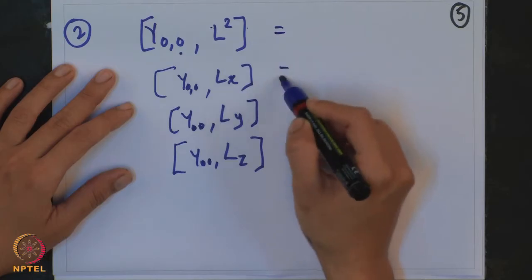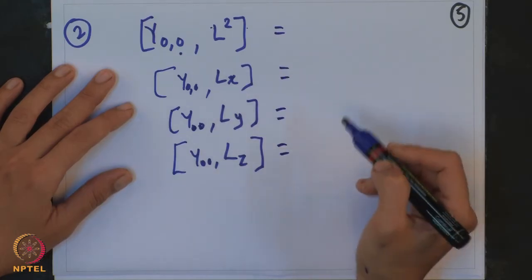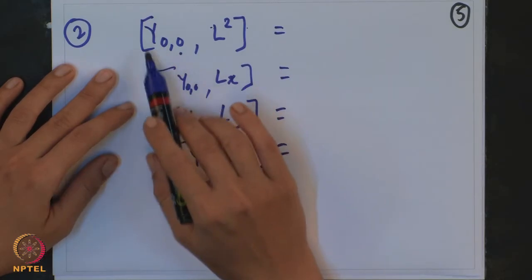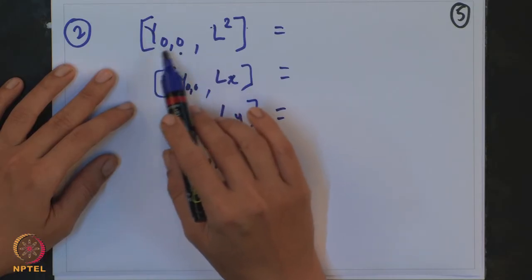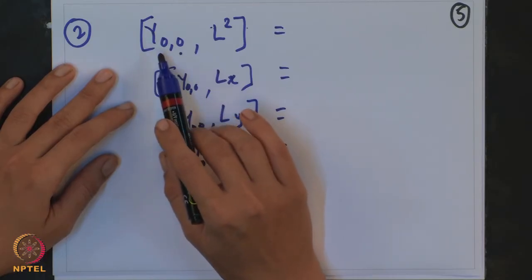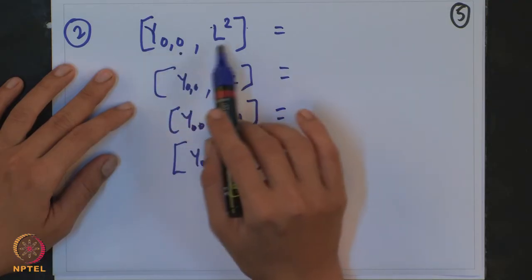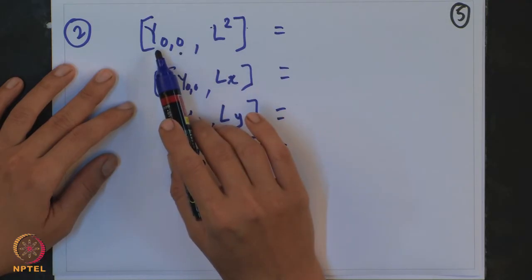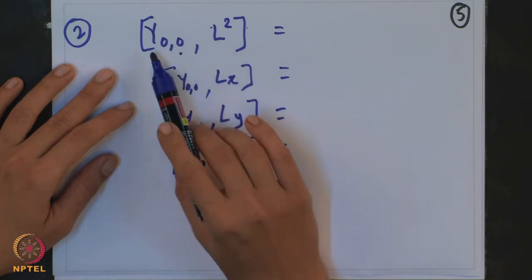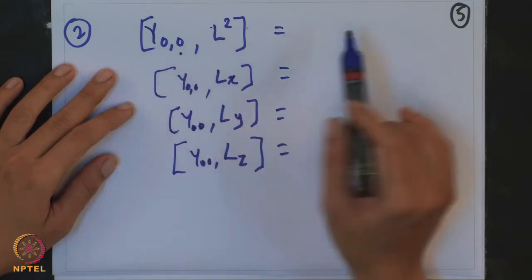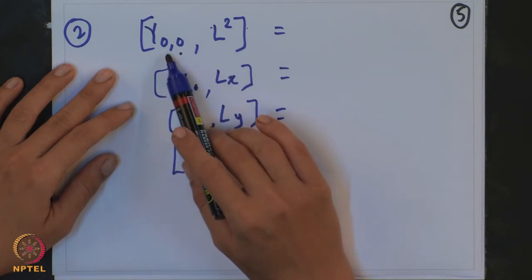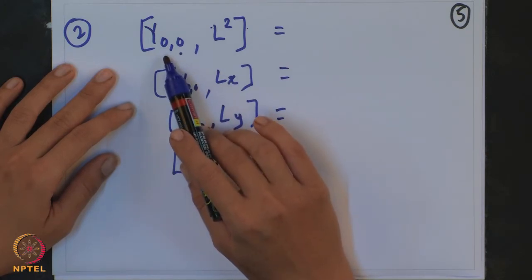So this you need to evaluate, which I think you can easily do by writing L square in polar coordinates, and just writing down the value of y00.